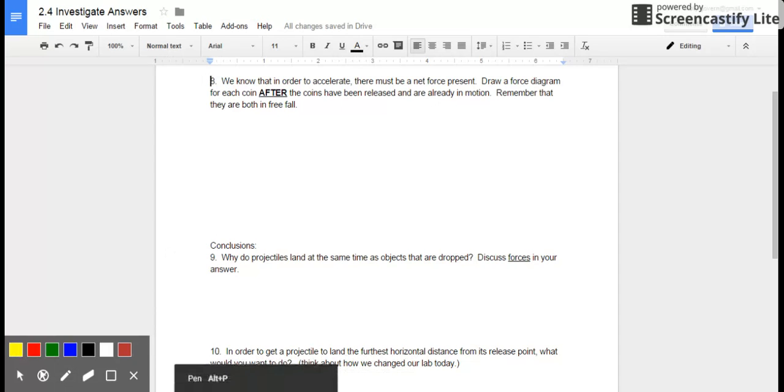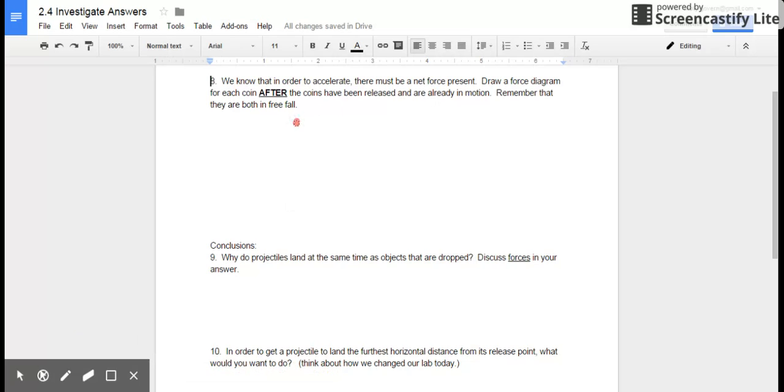So I'm going to start with the penny that was just dropped. So here's my penny that was just dropped. And I need to make sure that I remember which forces are acting on this penny. So the first force that I know is acting on this penny is gravity. So the first thing I'm going to do is draw an arrow that says that there is the force of gravity acting on this penny.